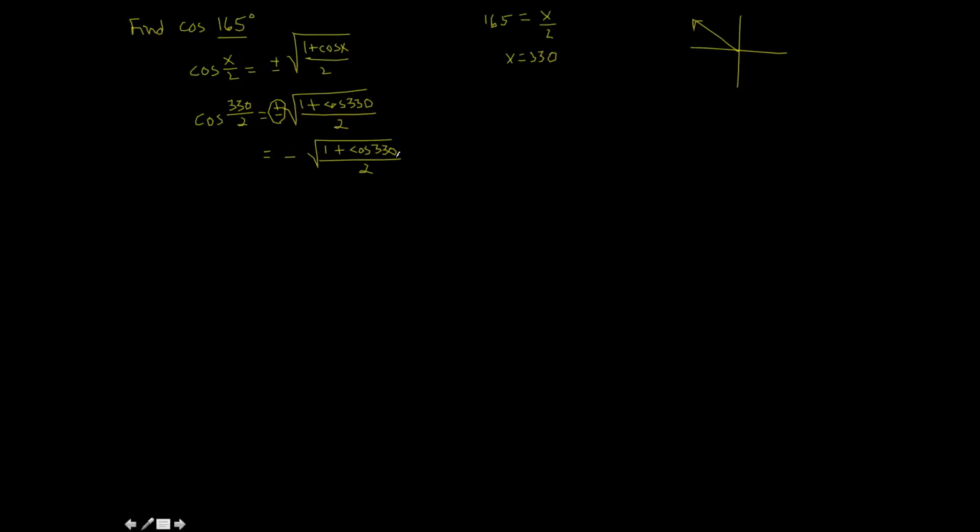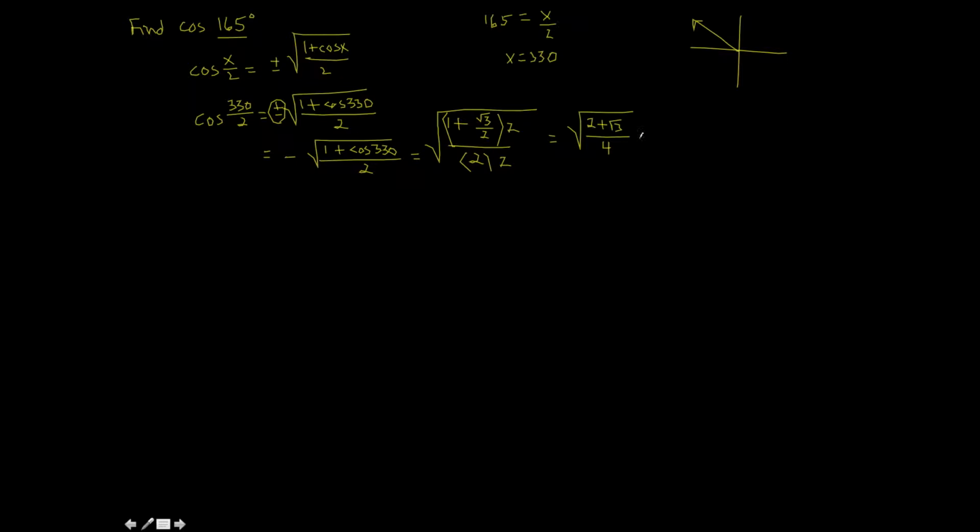So go ahead, punch this out, and the cosine of 330 is the square root of 3 over 2, all over 2. Now, I'm going to get rid of this complex fraction look, multiply the numerator and denominator by 2, and that gives me 2 plus the square root of 3 over 4. When I multiply this by 2 and this by 2, it doesn't change my fraction, just makes it a little easier to work with.